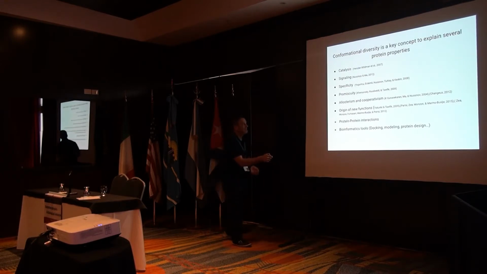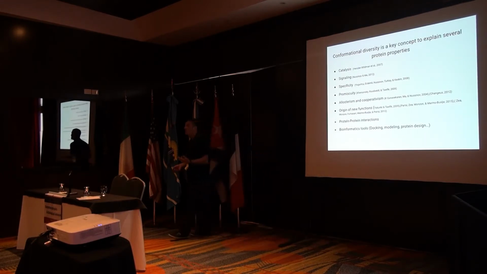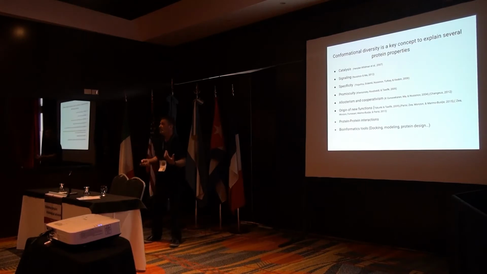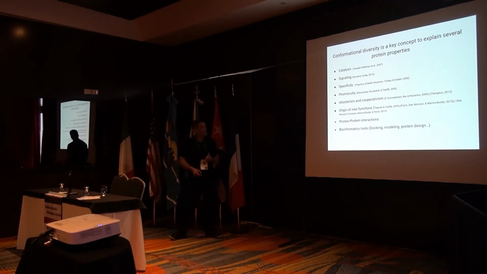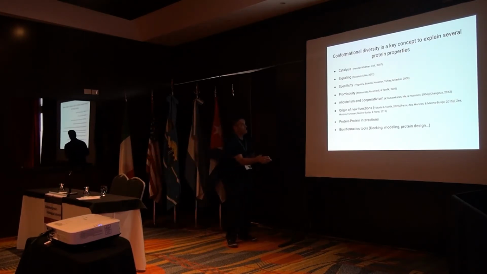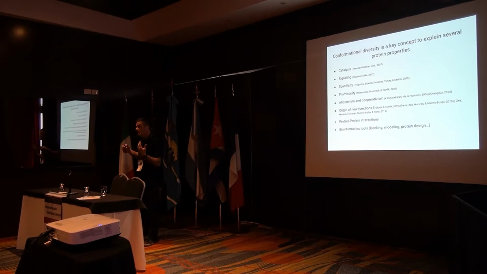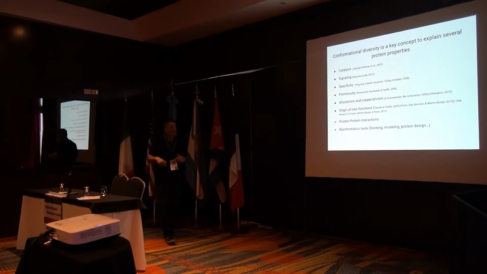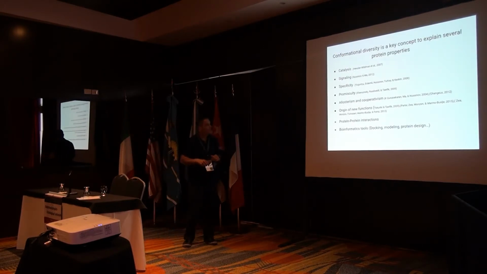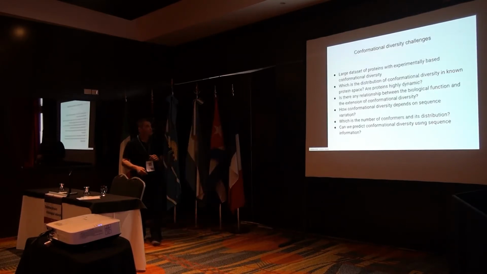These are the typical examples of the existence of conformational diversity, cooperativism and allosterism, origin of new functions during evolution, protein-protein interactions, etc. And a huge list of examples highlighting the importance of conformational diversity in protein biology.